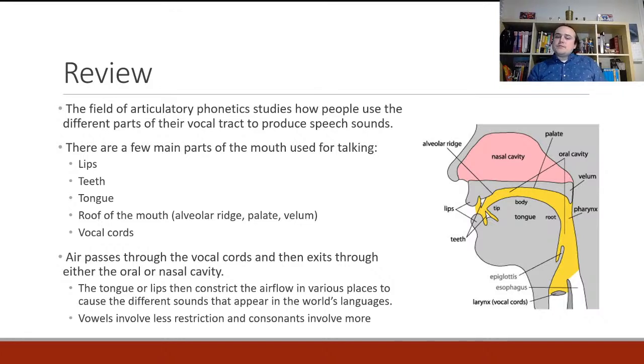Vowels involve less restriction and consonants involve more, for example. That's one way that restrictions can decide what kind of sound you're creating. But there's also differences in those sounds depending on where your tongue is, right? Like I was talking about with the vowels, the position of your tongue changes the formants and the acoustics of your speech.